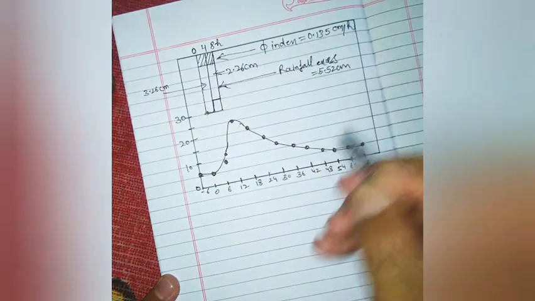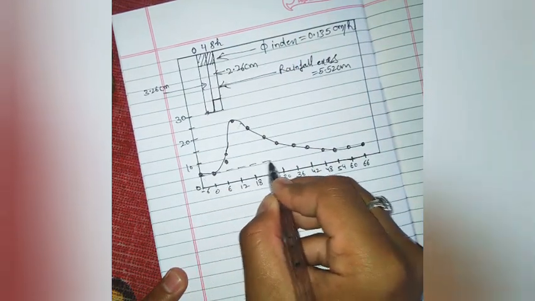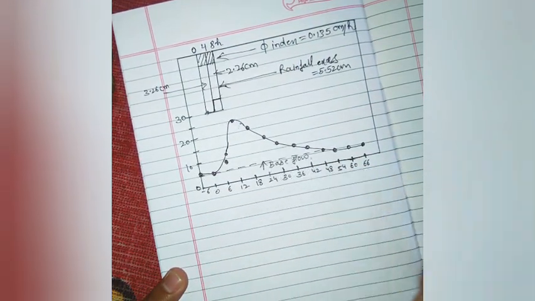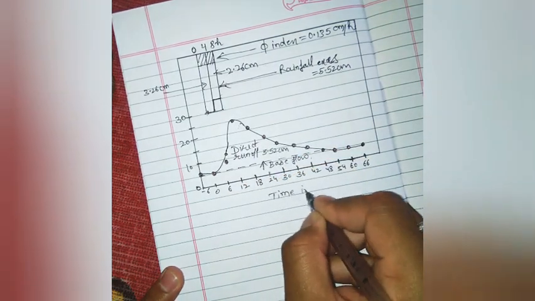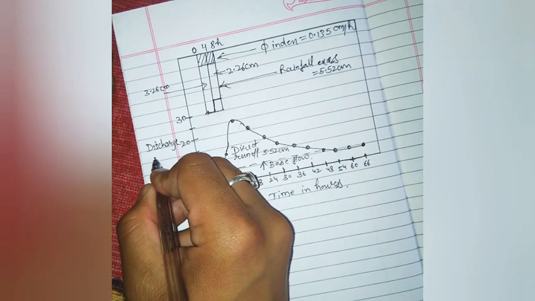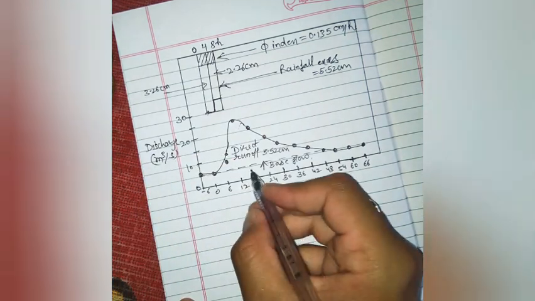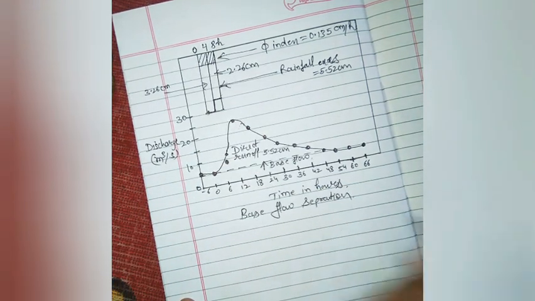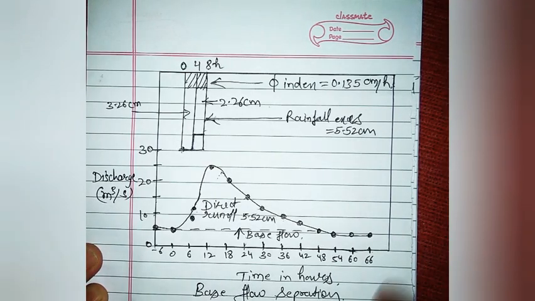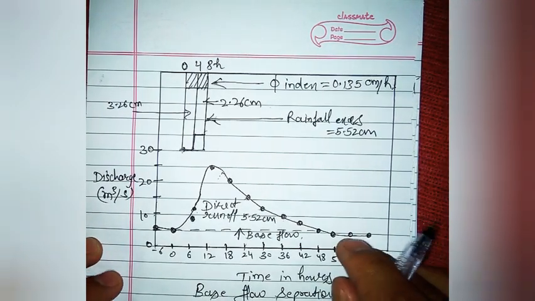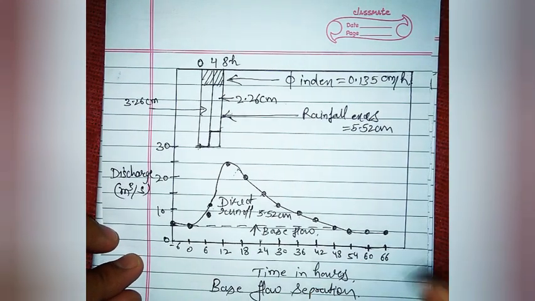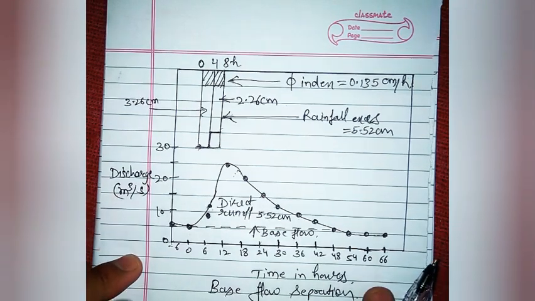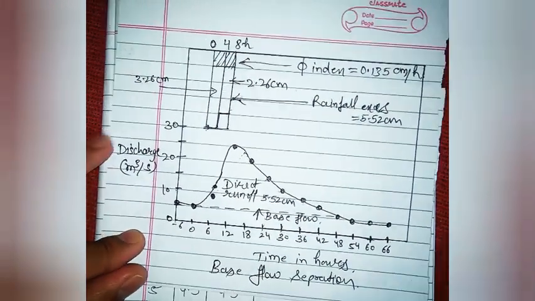Let me complete this first, then we'll discuss how we have plotted this hydrograph. So here is the hydrograph that we have plotted for the given numerical problem, plotted to a scale. Let us see first how we have plotted it.